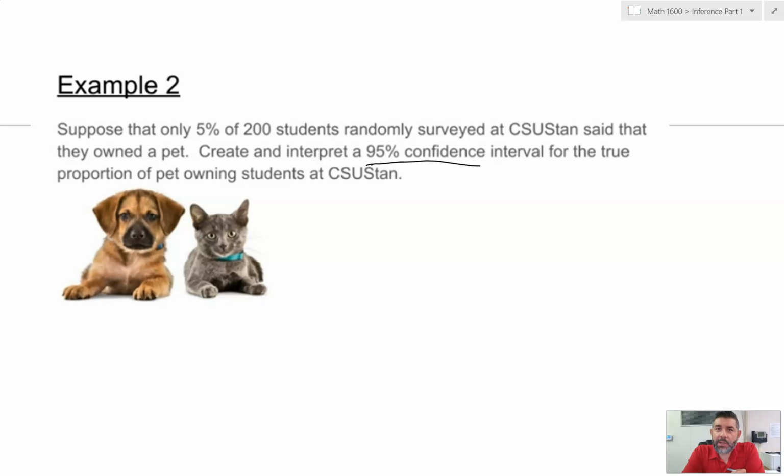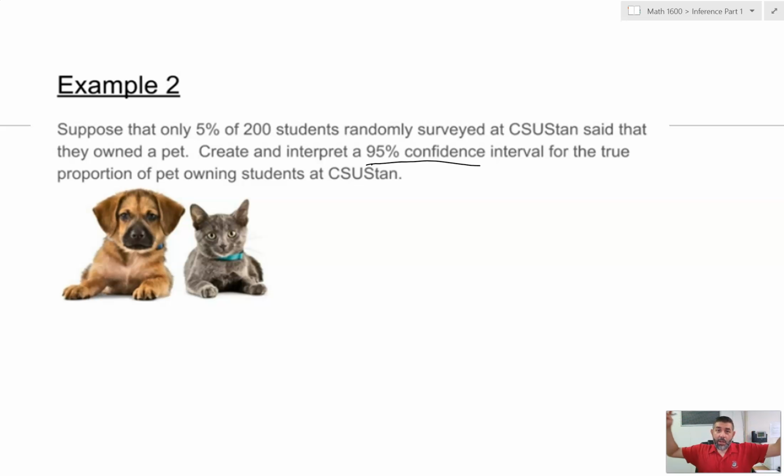Another thing about confidence is that the greater your confidence, so like 95%, 99%, 99.7%, the greater your level of confidence in your interval, the larger your interval is going to get. Think of it this way. I need to hit a target, right? I want to be able to hit the bullseye, or the target itself, the target is my true proportion.